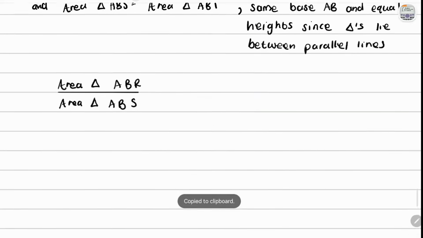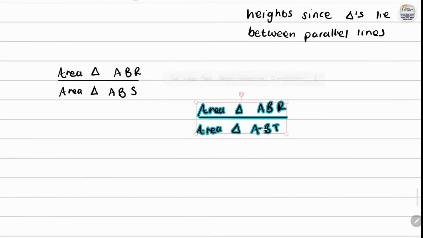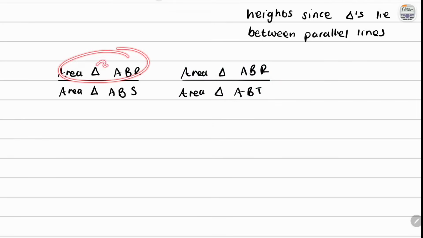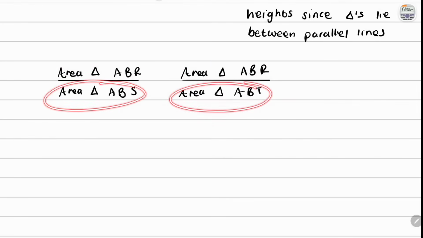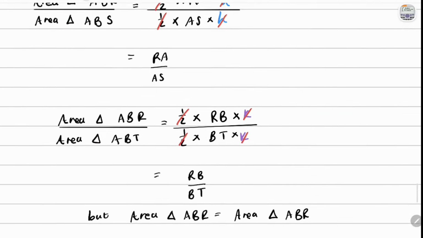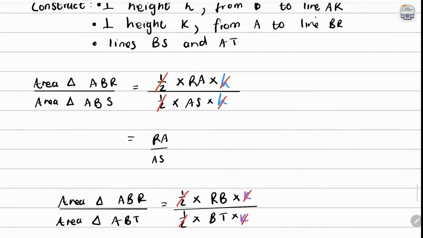Okay, since we are able to show them that each of those individual areas of those triangles are actually equal, that these two areas are equal and those two areas are equal, that means they would be equal to each other as well. And you know how when we found the areas of those triangles over each other, they got simplified to RA over AS.